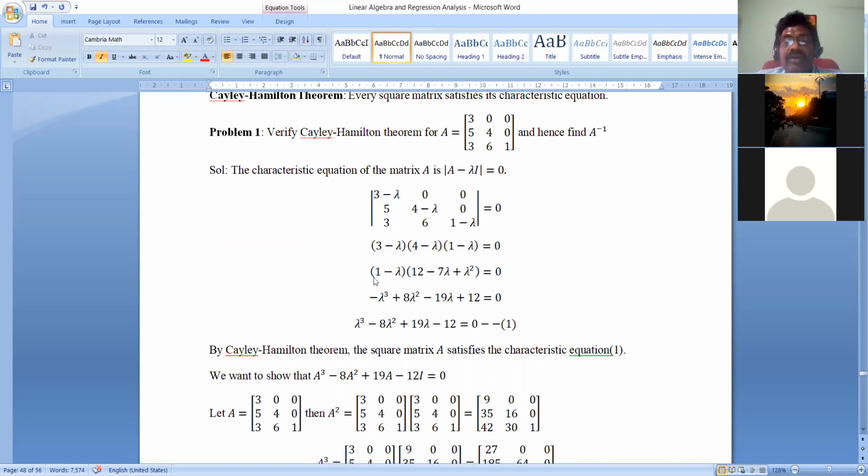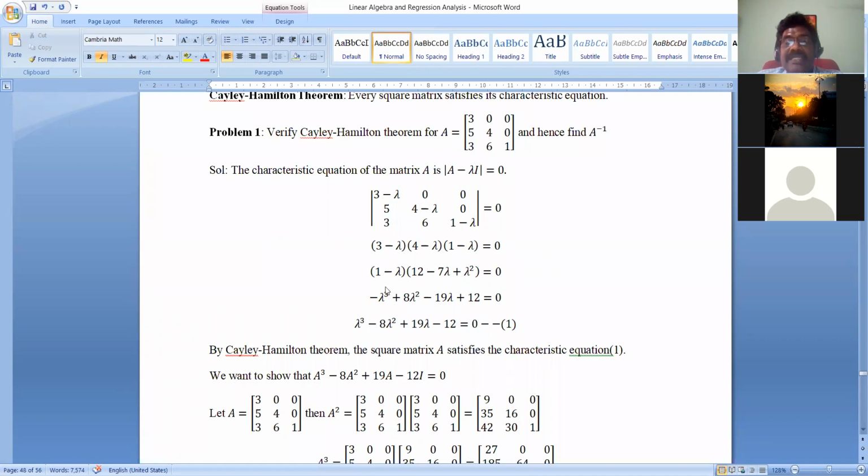So for this, we have to find the characteristic equation first. That is 1 minus lambda into 3 minus lambda into 4 minus lambda. 3 minus lambda into 4 minus lambda is 12 minus 7 lambda plus lambda square. Now we multiply this with 1 minus lambda, we get 12 minus 7 lambda plus lambda square minus 12 lambda plus 7 lambda square minus lambda cube equal to 0.